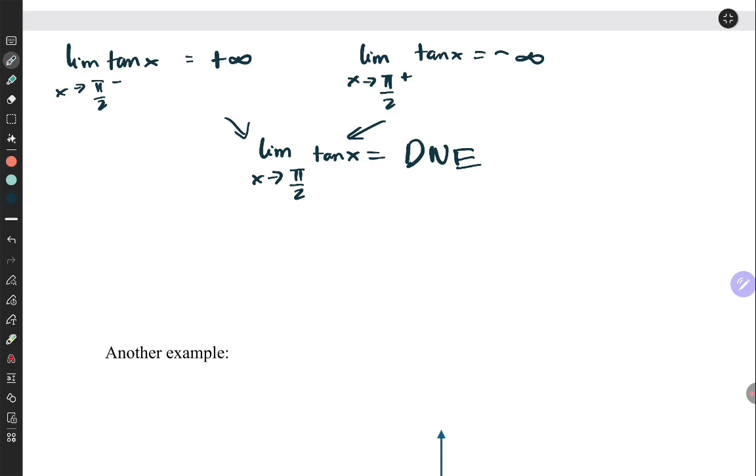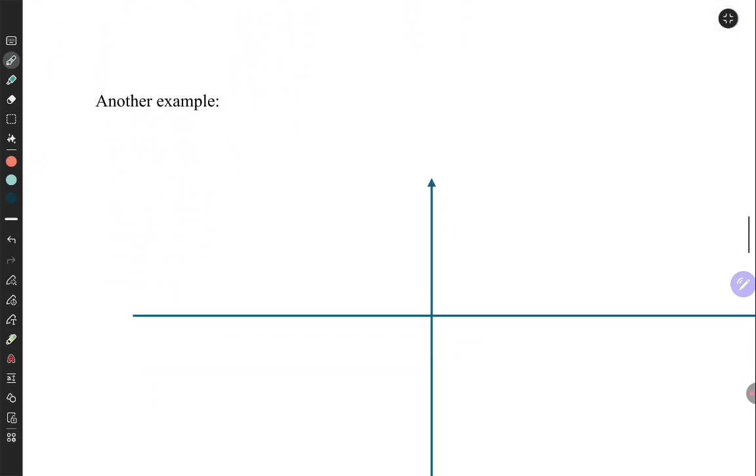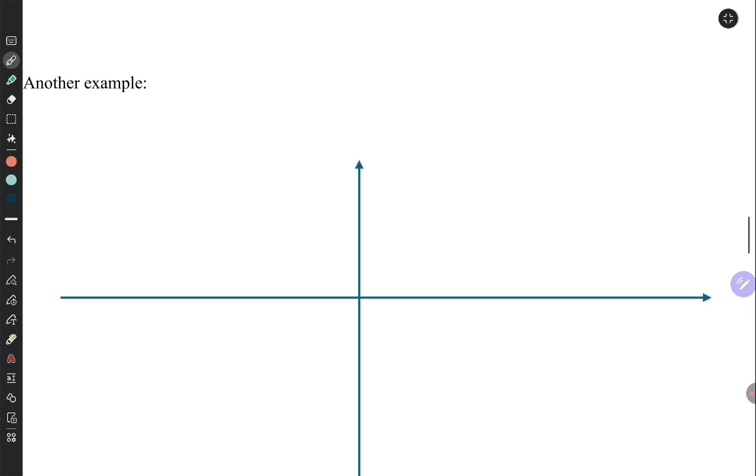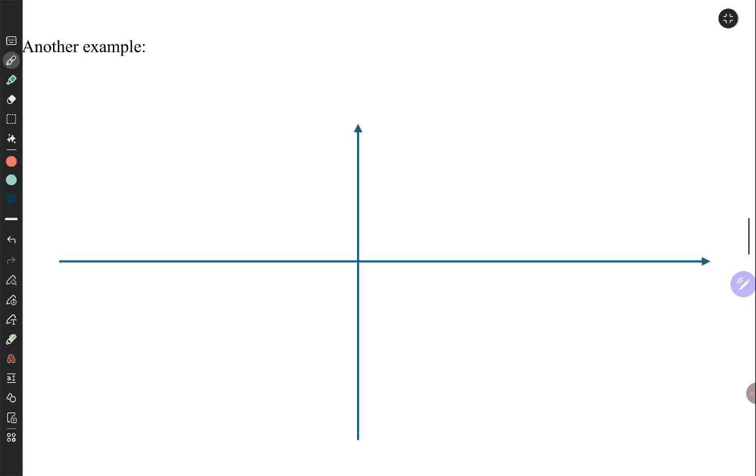How about another example? This time I'll be creative.